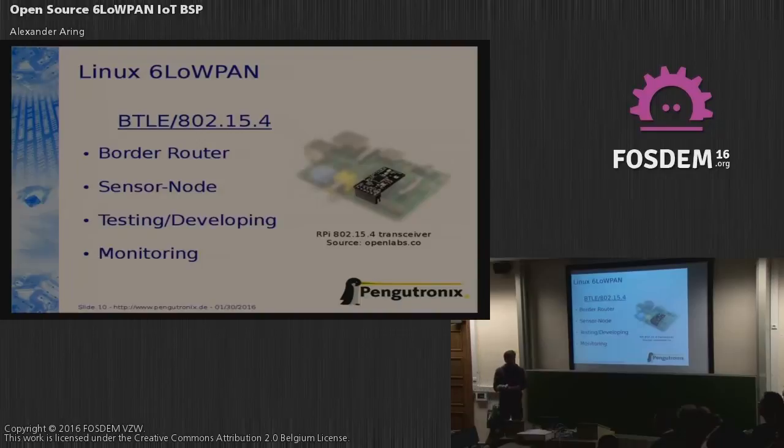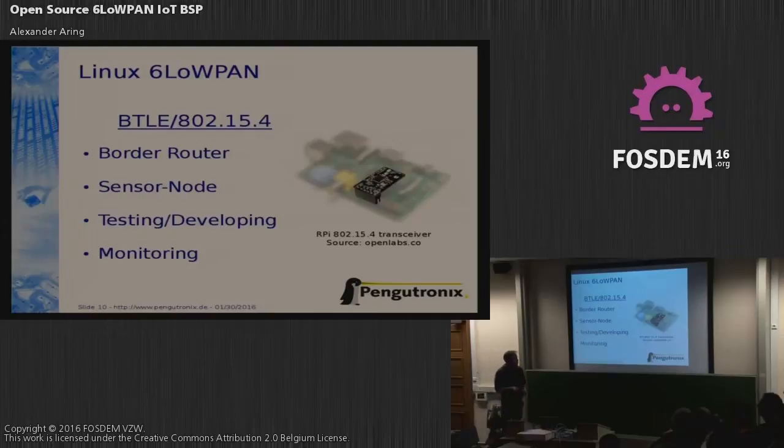I heard that in this dev room a lot of IoT software is presented, and if you have an IPv6 connection for your IoT software, you can simply test whether it works with the 6LoWPAN stack on Linux.